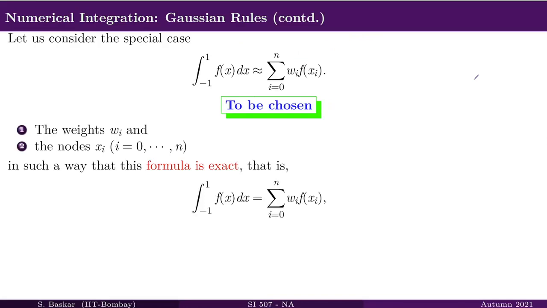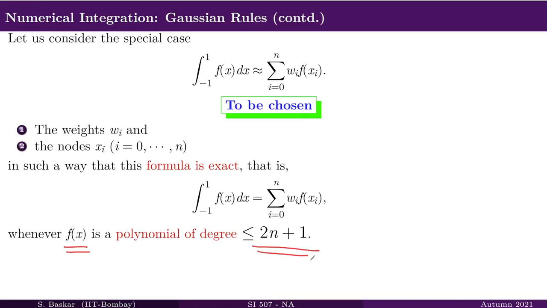Now, what is the condition that we have to impose? We have to impose that the quadrature rule, which in general is approximately equal to, not exactly, but now we have to impose the condition that the quadrature rule is exactly equal whenever f happens to be a polynomial of degree less than or equal to 2n plus 1. You should try to understand why we are choosing this particular number 2n plus 1, because we have 2n plus 2 unknowns.